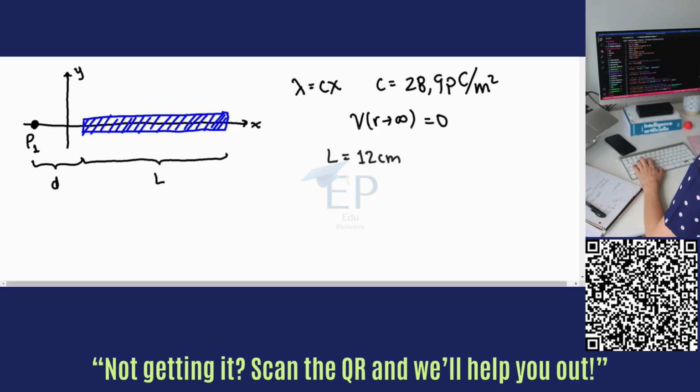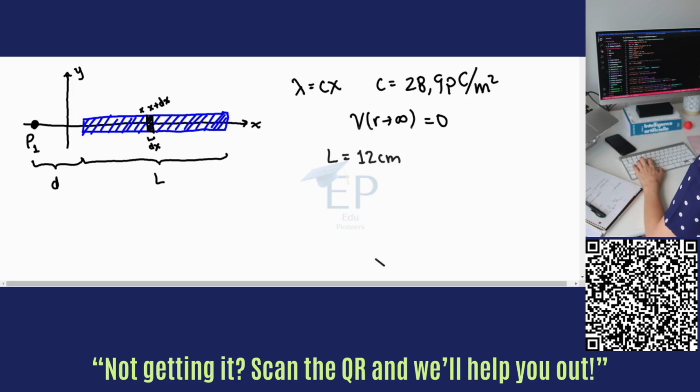The first thing that we can do is to consider an infinitesimal segment of the rod located in here. We can say that it is between the points x and x plus delta x, and it has a length of a differential dx.